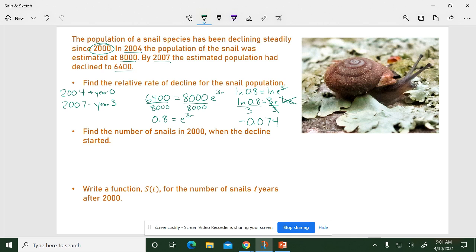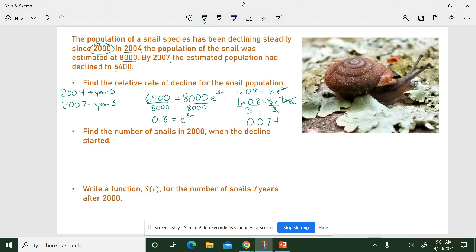It will still give you a positive result, but it's going to be a smaller result than what you started with. So whenever you're dealing with decline or decay, you should expect to get a negative number for your rate, because the exponent's going to have to be negative to make that work. So that is the type of number we should get, and that's our rate, negative 0.074 or negative 7.4%.